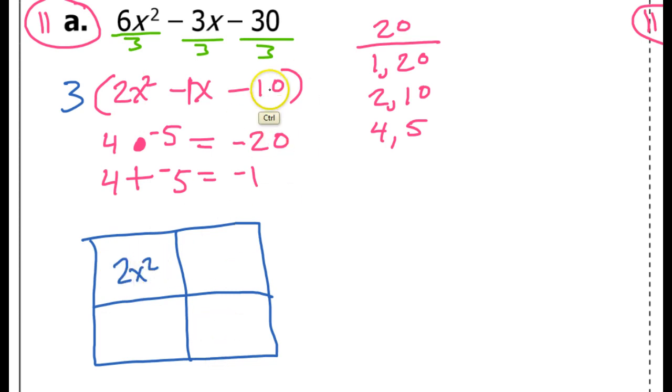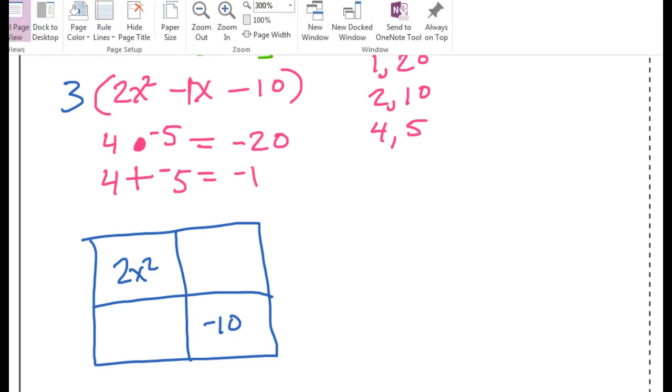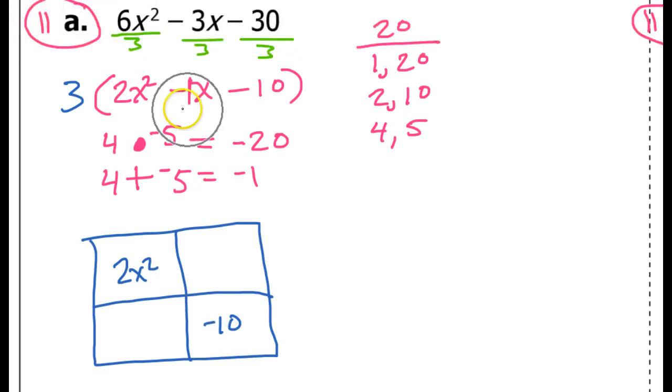In the last square, we will put the last term, which is negative 10. In the other two squares, we are really splitting up the negative 1x into two terms, 4x and negative 5x, which we got from the whole product sum discussion. So I will put those two terms right here. So 4x and negative 5x.